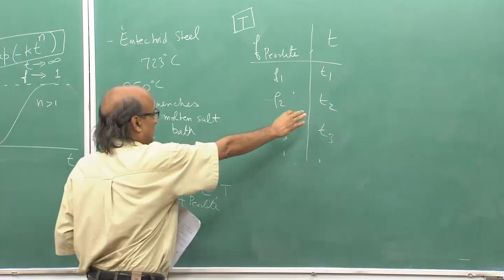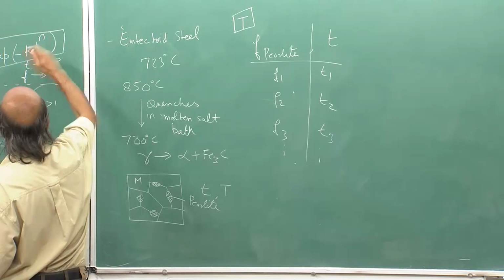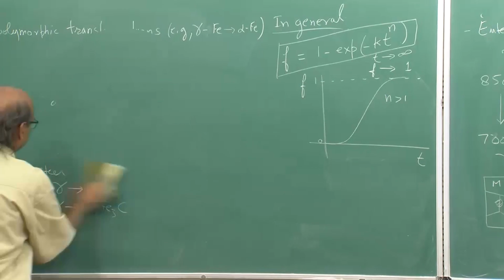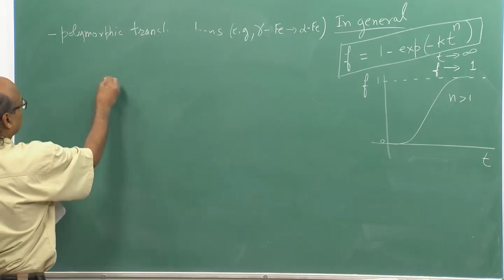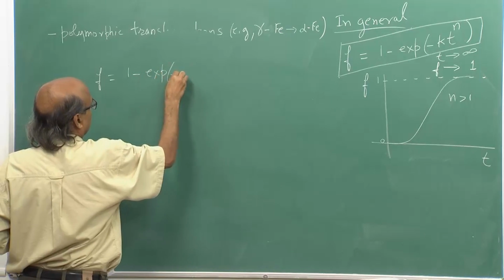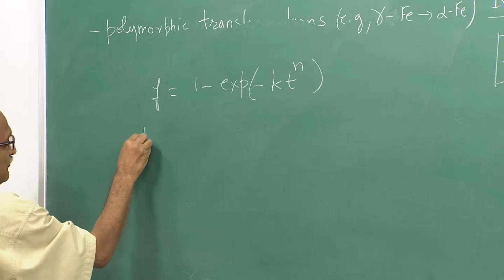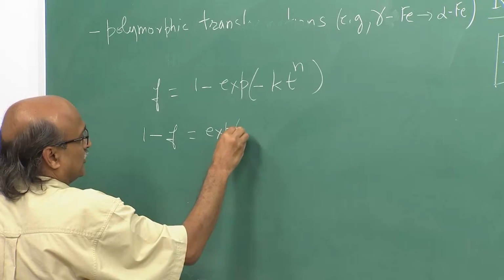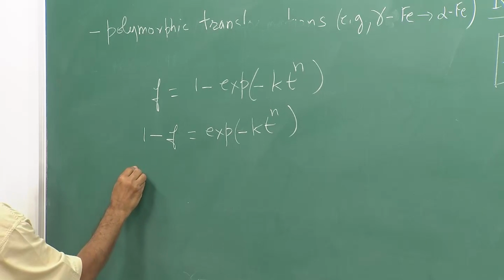Now, I take this data and then analyze it in terms of the Avrami relationship in order to find the parameters n and k. So, what do I do? I take this relationship f is equal to 1 minus exponential of minus k t to the power n. I rearrange the terms, write it as 1 minus f is equal to exponential of minus k t to the power n, take logs on both sides.